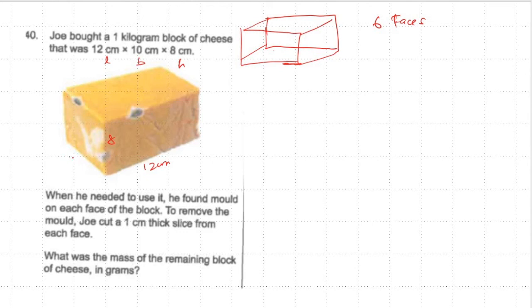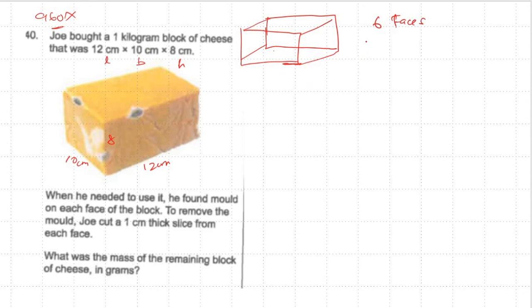Length is actually the longest, then the breadth is the second, and the height is the last. The answer you gave me is 960. It's wrong.